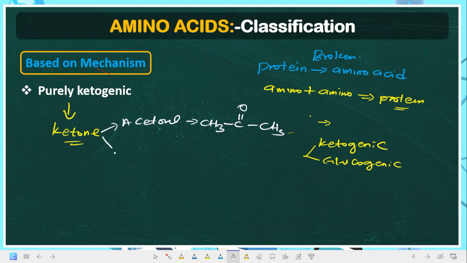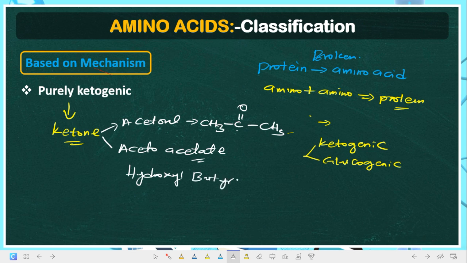It can form acetoacetate. It also has the C double bond O functional group. At the same time, it can form hydroxybutyrate.